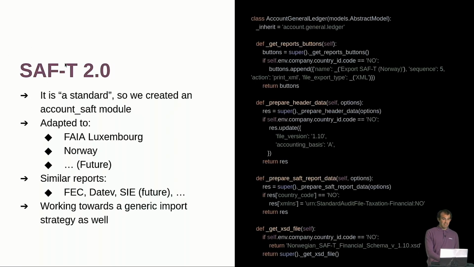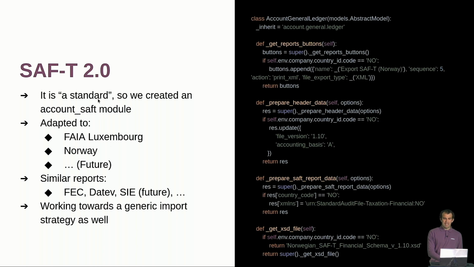This is based on the SAF-T 2.0 standard. We had two cases, one in Luxembourg and one in Norway. And there are more cases. Poland has GPK, Portugal has something, Lithuania and so on.